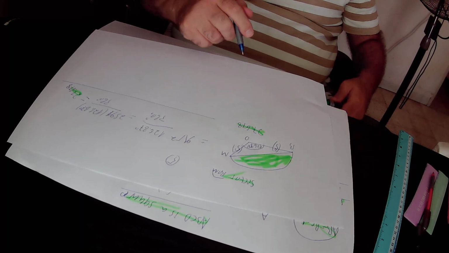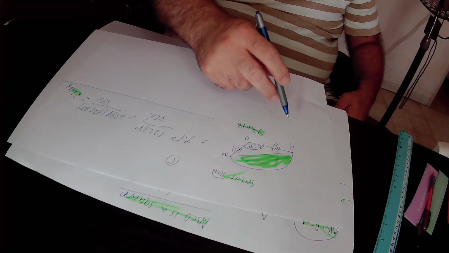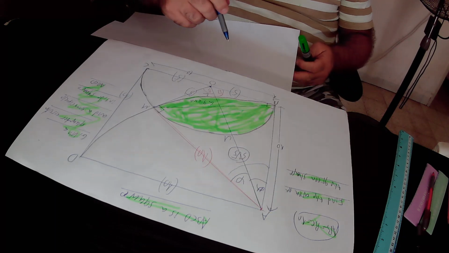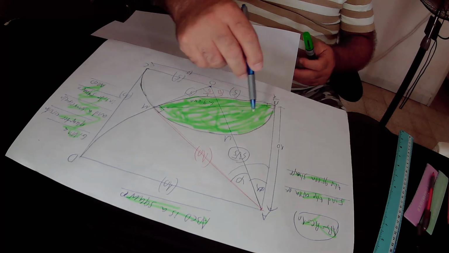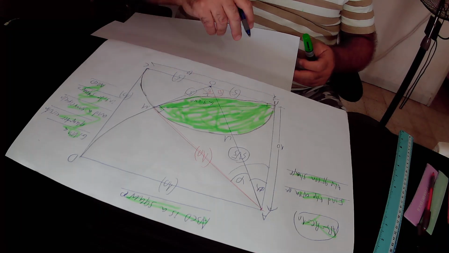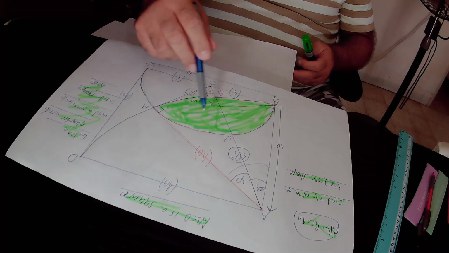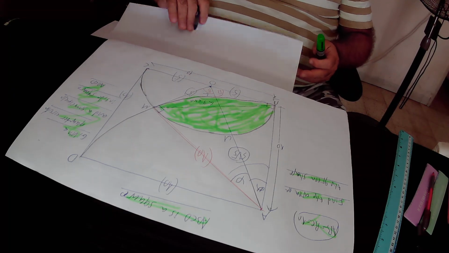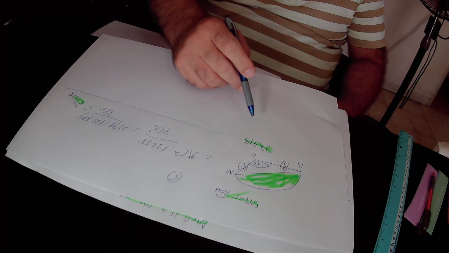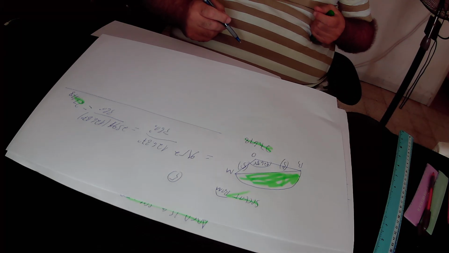That is the area of the upper sector BOM. Actually, it is sector BOM. So the area of sector BOM equals 27.678 square units in size.